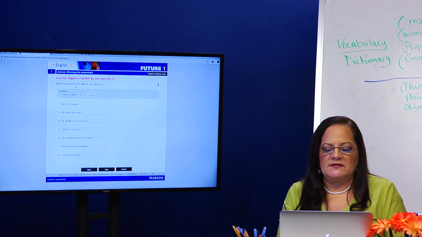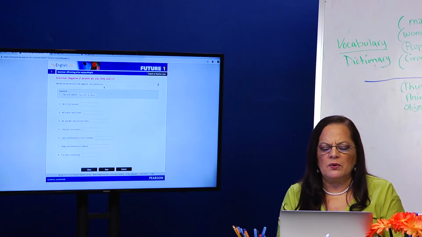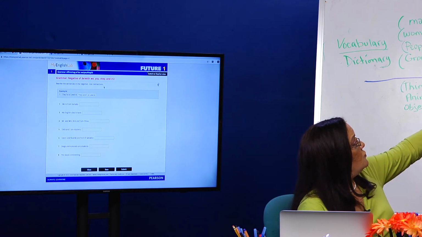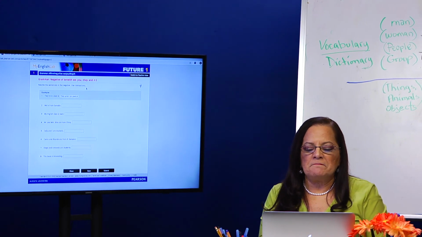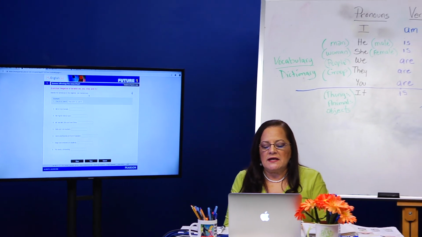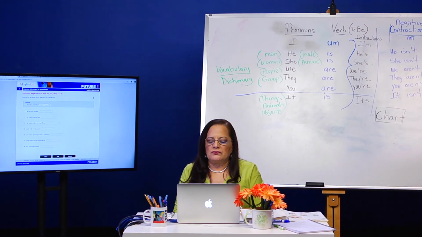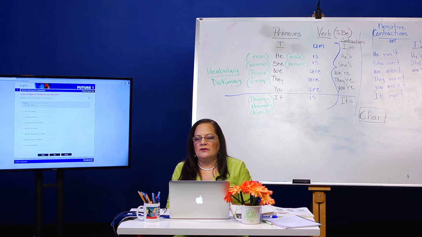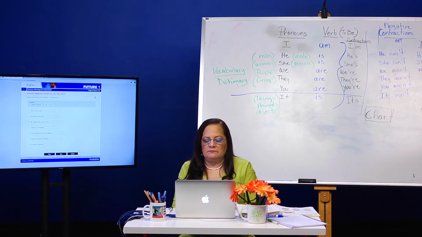Rewrite the sentences in the negative. We continue the no and the not true. Using contractions. And we kind of learned what contractions are based on the apostrophe S, apostrophe, and the word N'T.